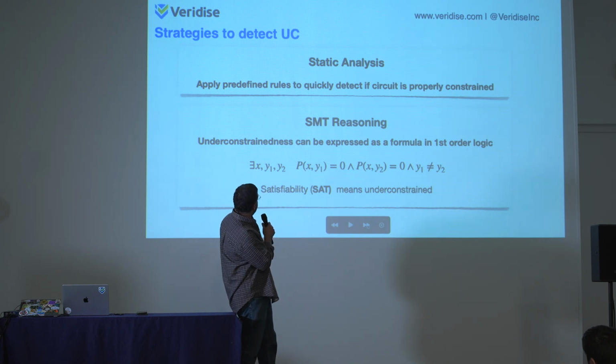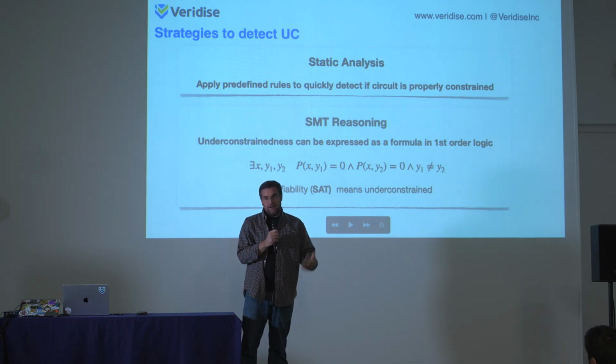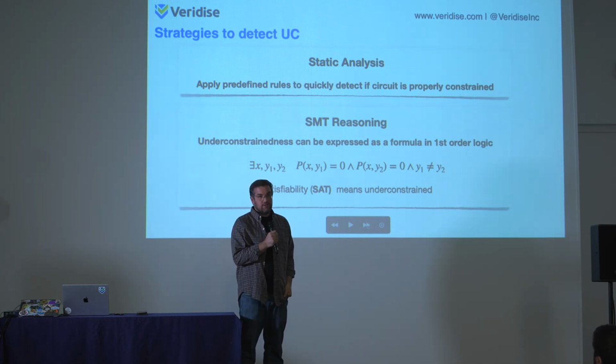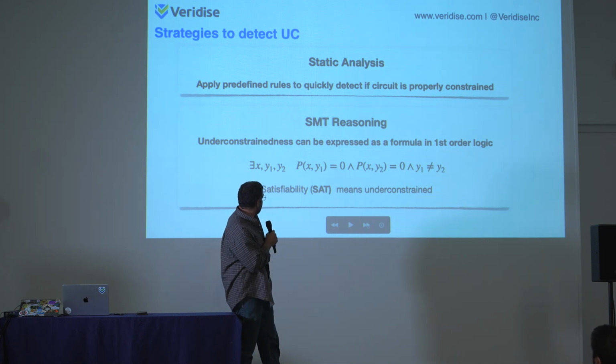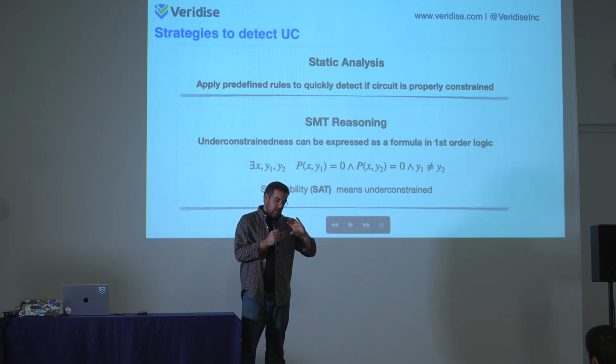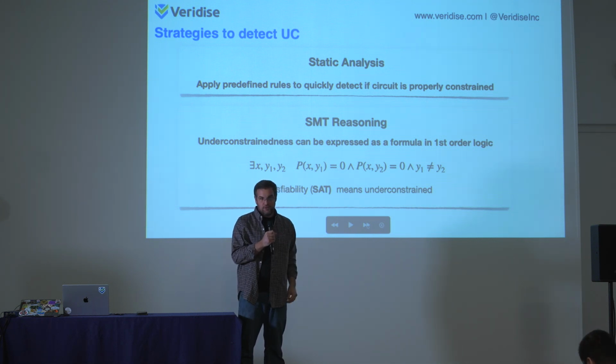You would have, for instance, static analysis tools which just check for certain predefined vulnerabilities. Today, I want to talk about how to use SMT-based reasoning to detect under-constrainedness. The idea is basically you can convert the notion of under-constrainedness to a formula in first-order logic.